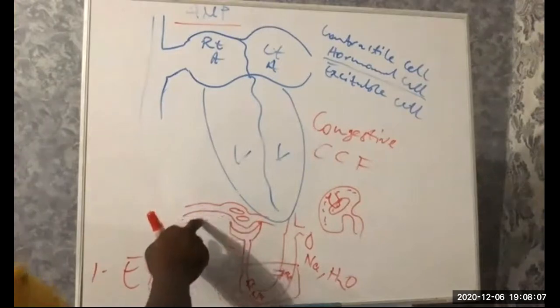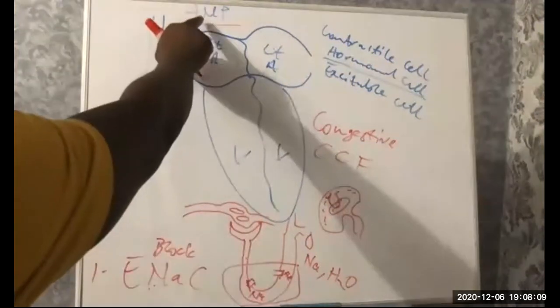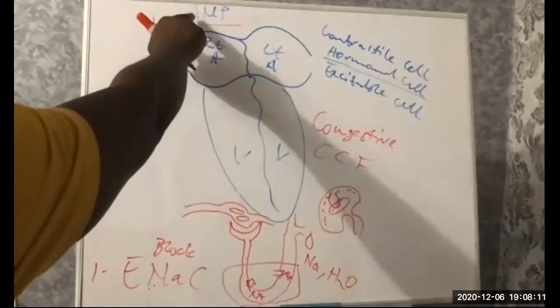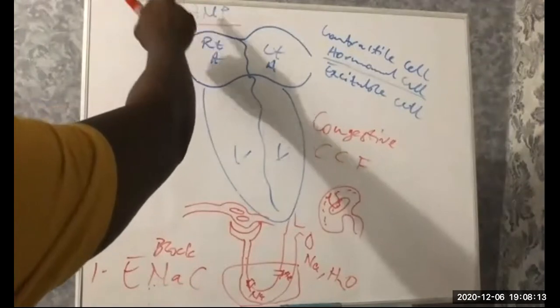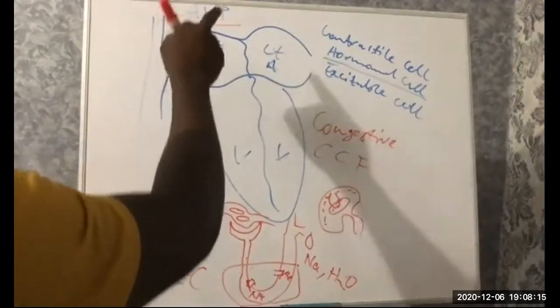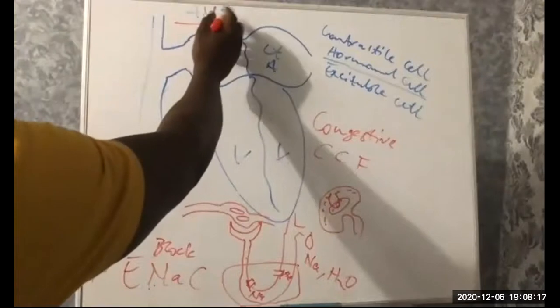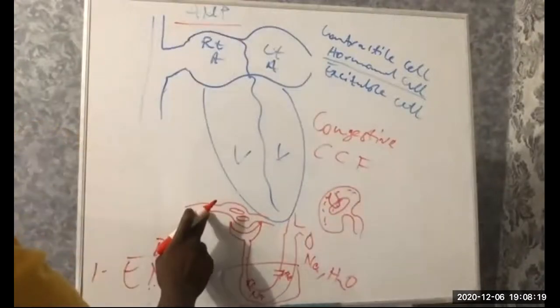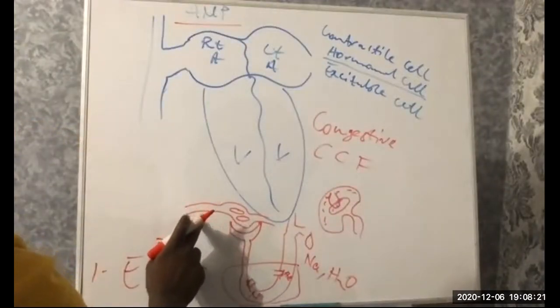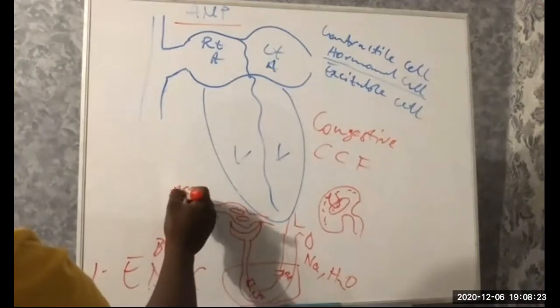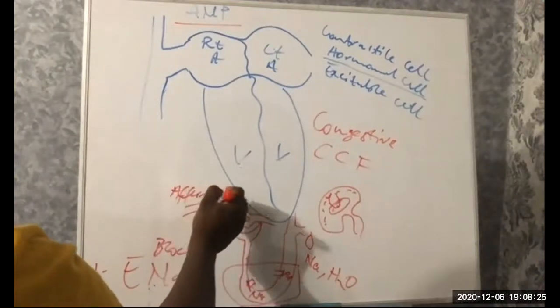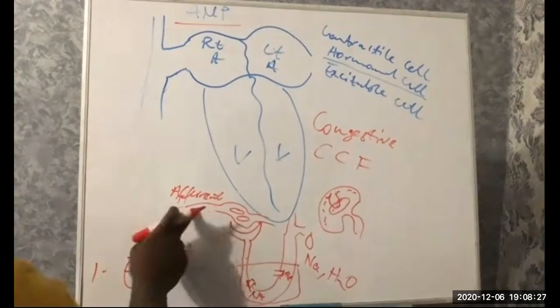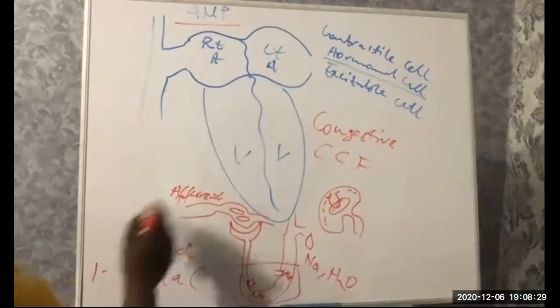Now, what the atrial natriuretic peptide does is that it will bind to its receptors on the afferent arteriole and cause dilation of the afferent arteriole.